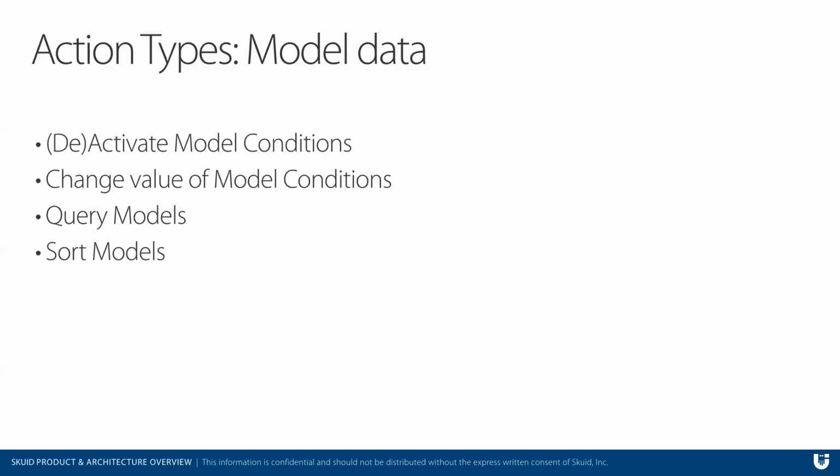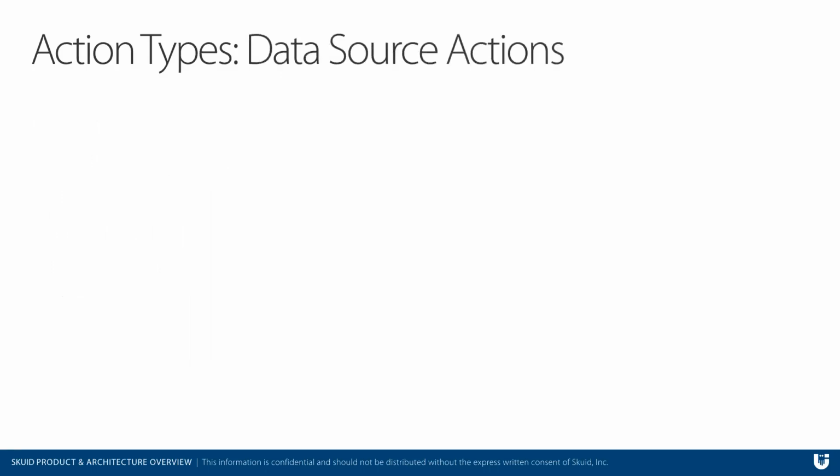You can also sort models with an action, so change what the sort is by status or close date or something like that. And searching models, you can initiate that through an action. So lots of powerful stuff you can do on the model layer.